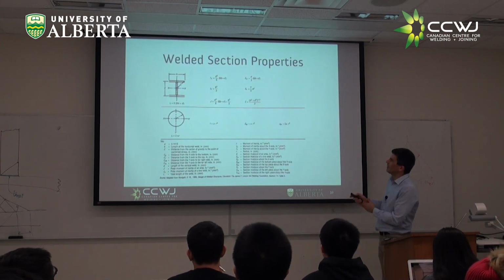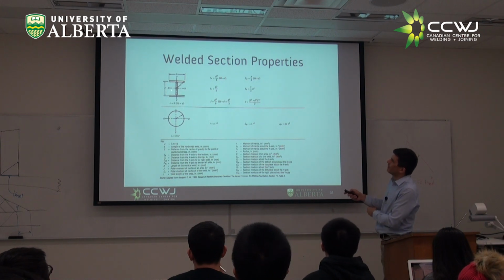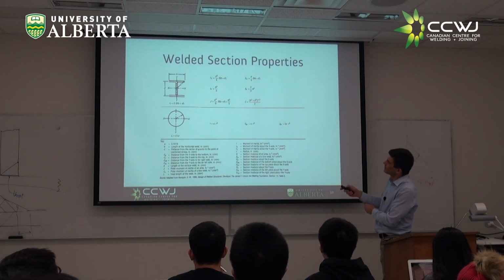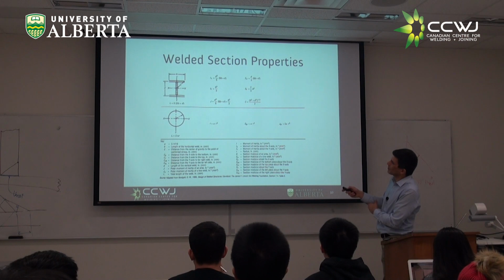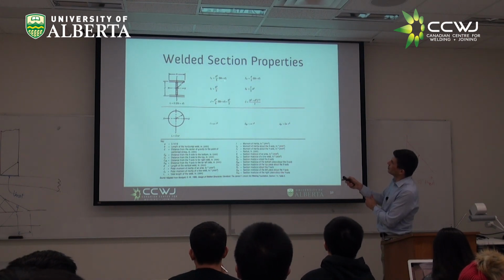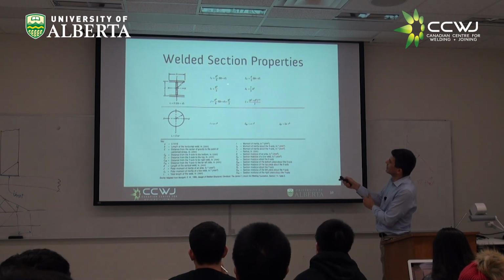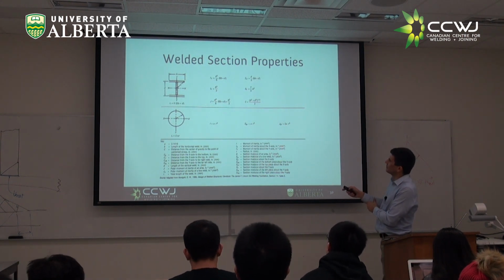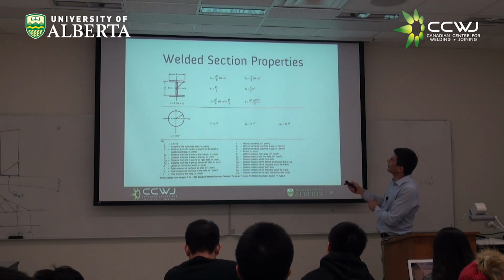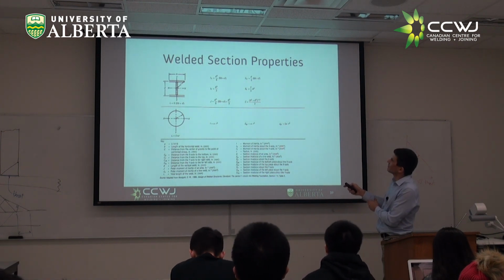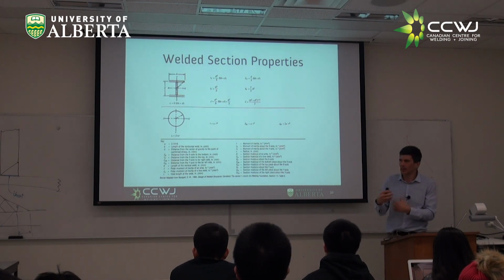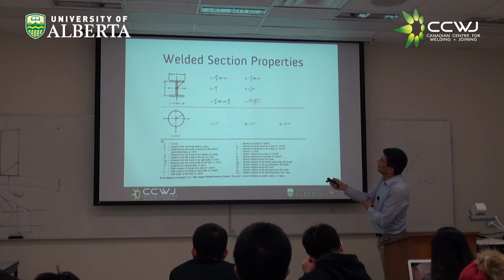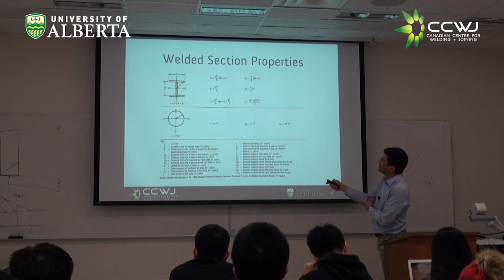And here it says, if you have this I-beam here, the moment of inertia around the x-axis is given by this formula, where D and B are in this schematic. And the moment of inertia around the other axis, because you can have bending on different sides, you get with this formula.